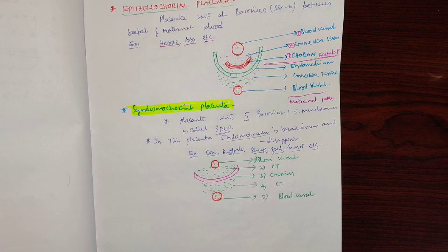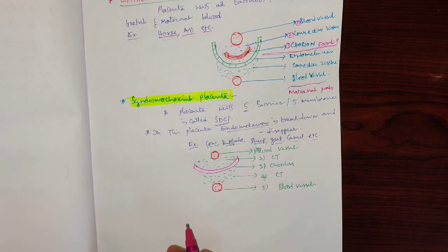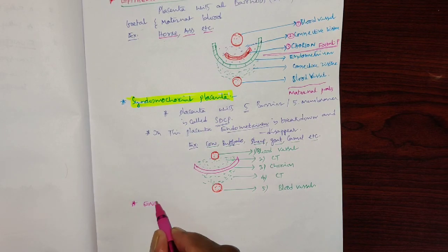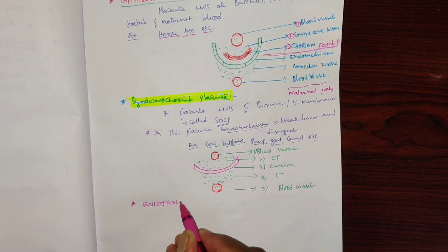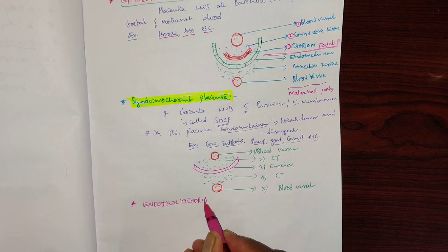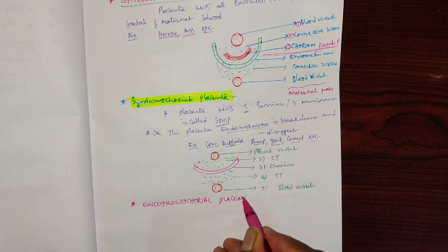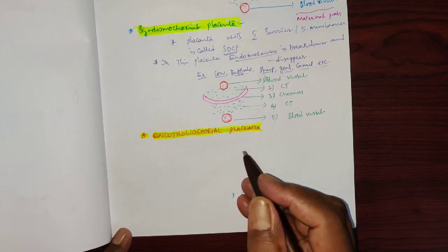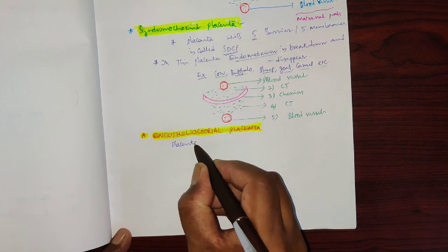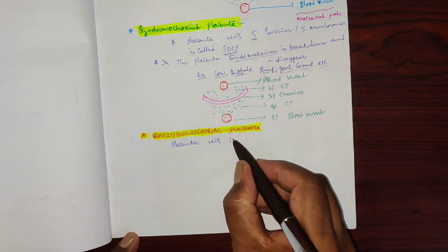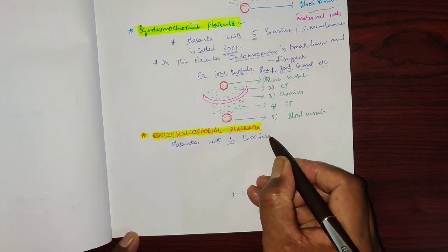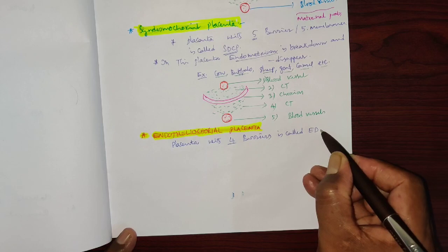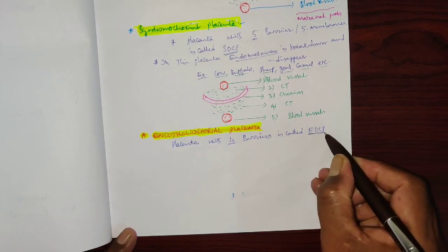Now let us go with another type of placenta called endotheliochorial placenta.